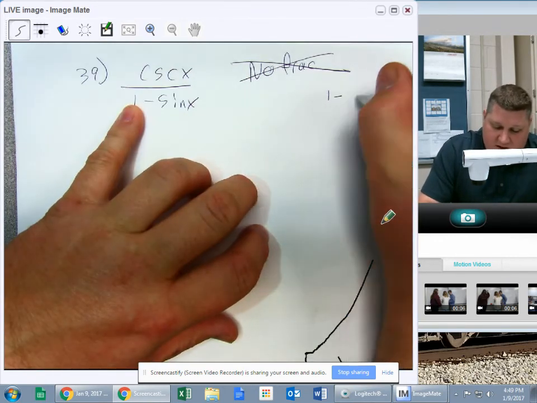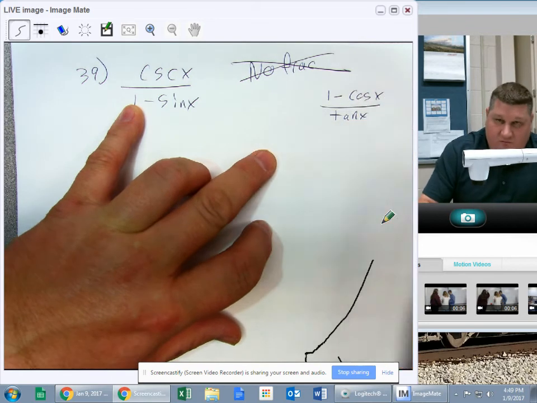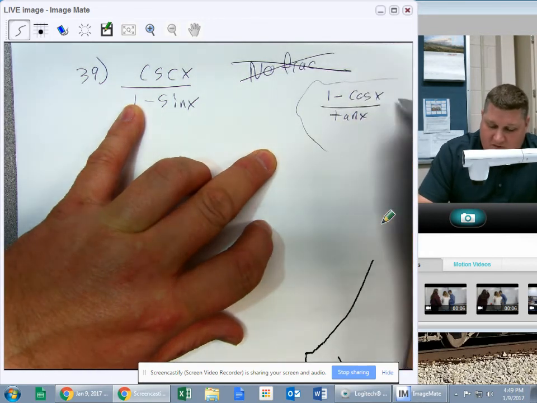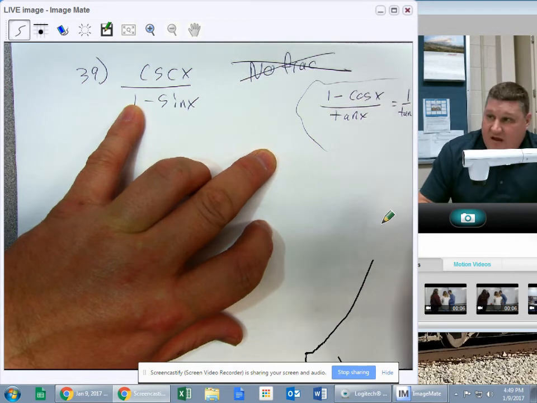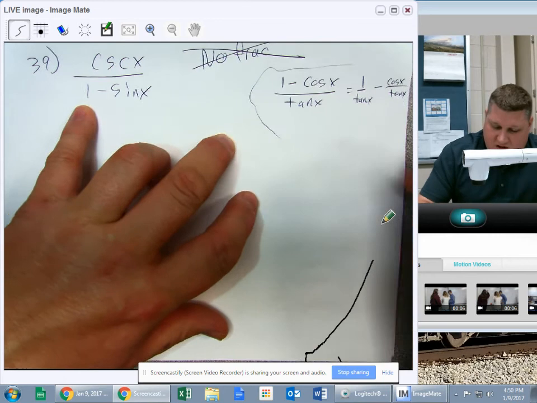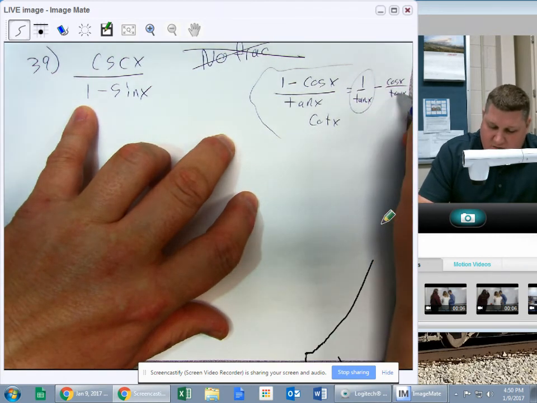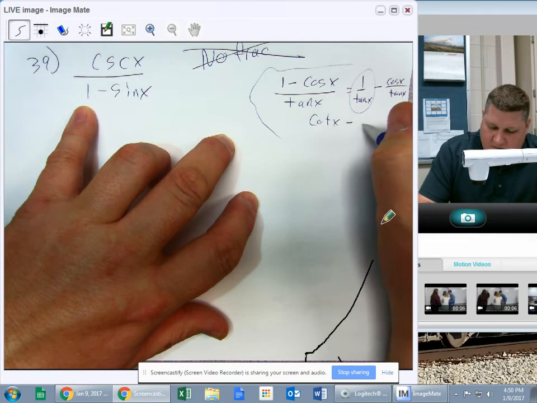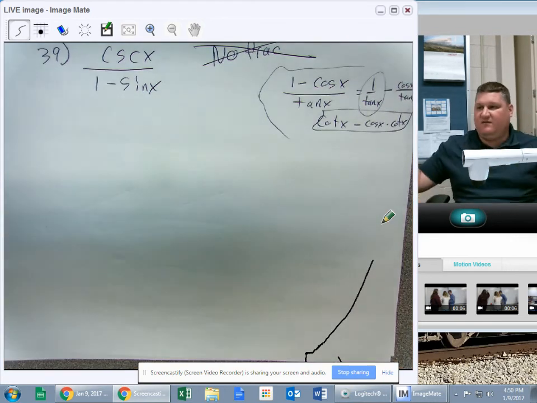If I had 1 minus cosine x over tan x, I would simply say, oh, that's 1 over tan x minus cosine x over tan x. And I would say, oh, well, that's easy because 1 over tan x is cotangent x. And that would be minus cosine x times cotangent x. And now I have no fractions, and nice day.